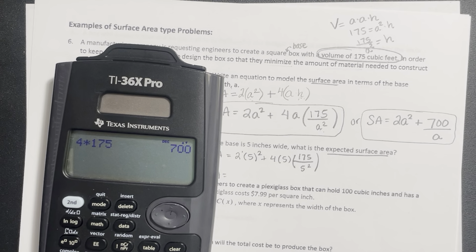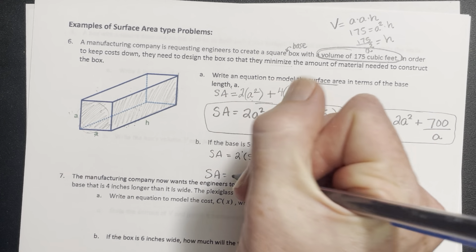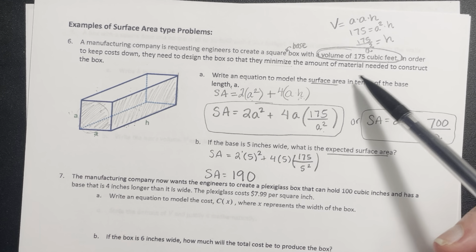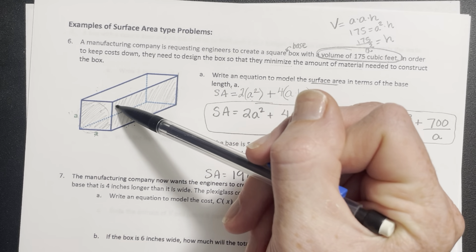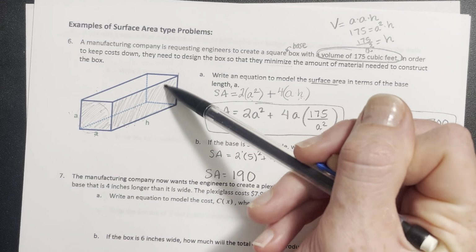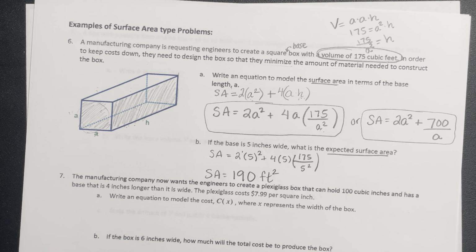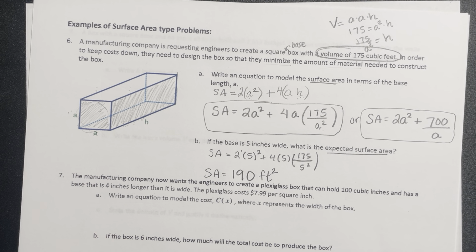Either one's okay. 2 times 5 squared plus 4 times 5 times 175 over 5 squared would be 190. So the expected surface area is 190, and when we think about the units, these are being measured in feet. So the area is square feet. So the surface area is roughly 190 square feet.